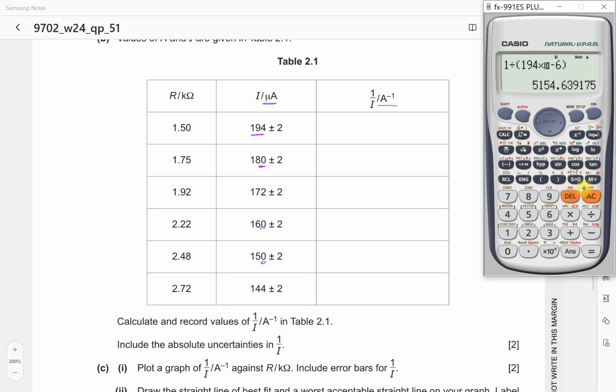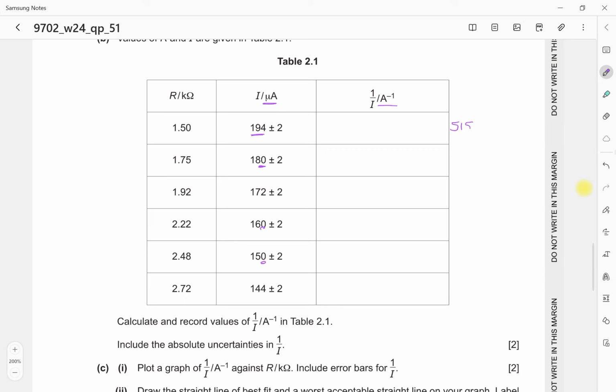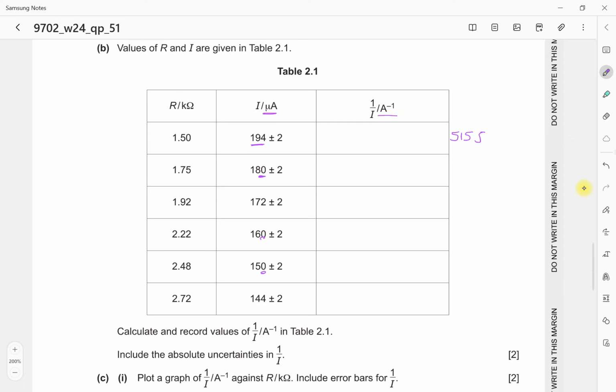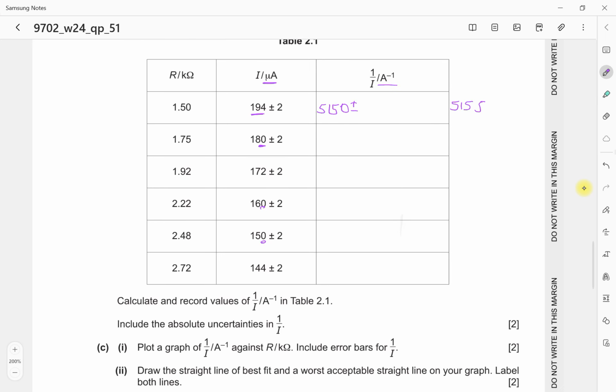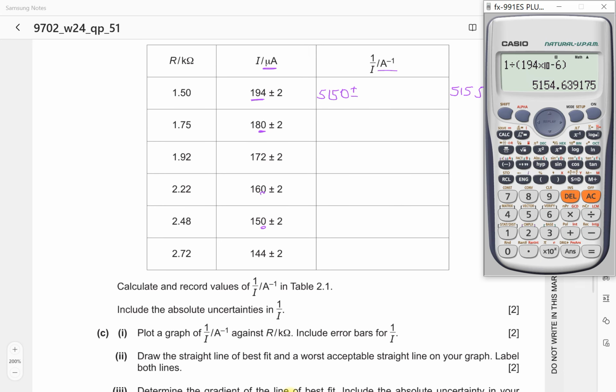You can write 5155 or 5150 to 3 significant figures. The rule allows you to increase the number of significant figures, but for me I will consider 5150 plus or minus.